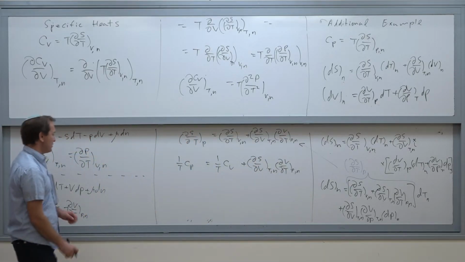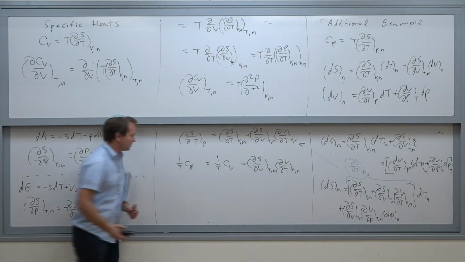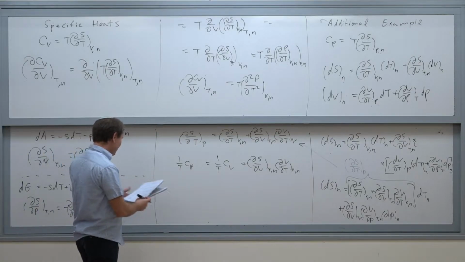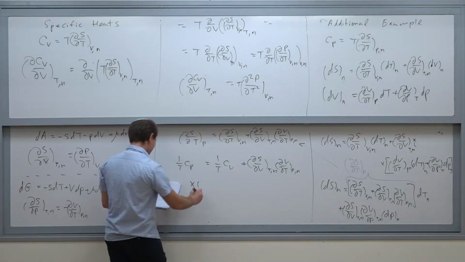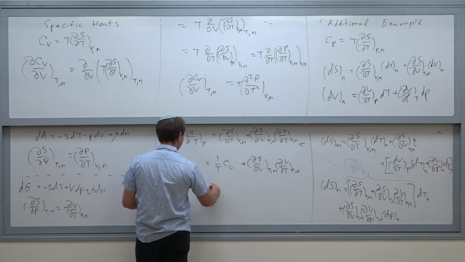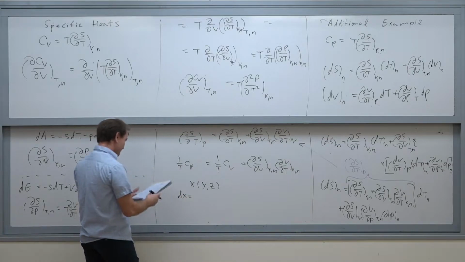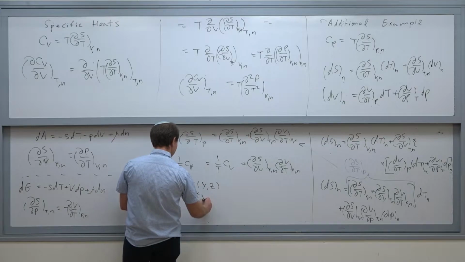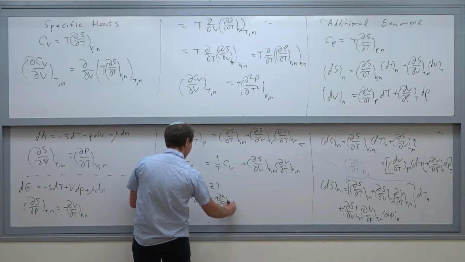Okay? This is something that we all knew when we studied calculus in our first undergraduate year, but usually we forgot it, because it's not very useful. So let's see. If we have x as a function of y and z, the differential of x, dx, is simply dx dy constant z dy plus dx dz constant y dz.